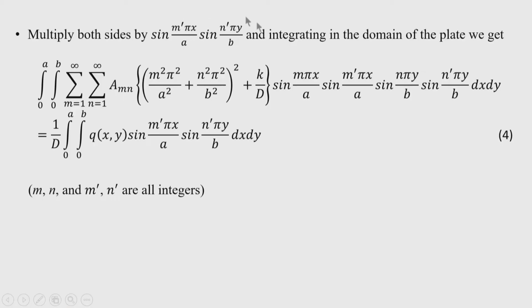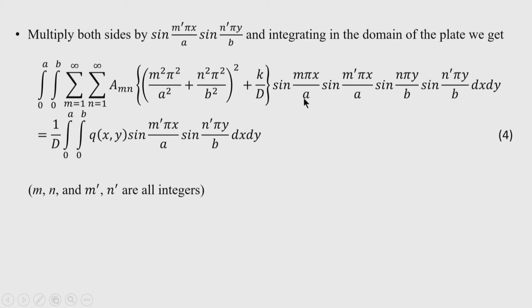So, in the domain of the plate, I integrate the equation after multiplying the full equation with another sin m dash pi x by a and sin n dash pi y by b. This term is additionally multiplied here with the original term, so that we can make use of the orthogonality condition.